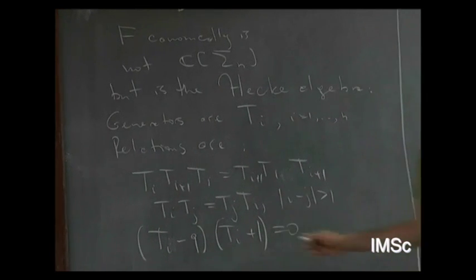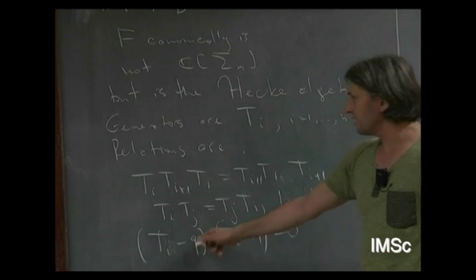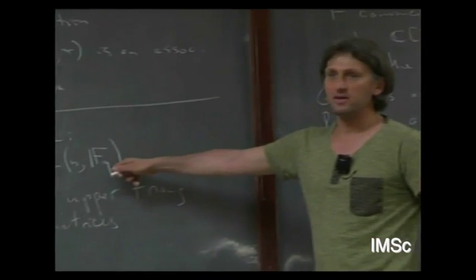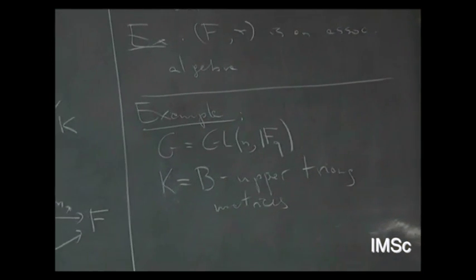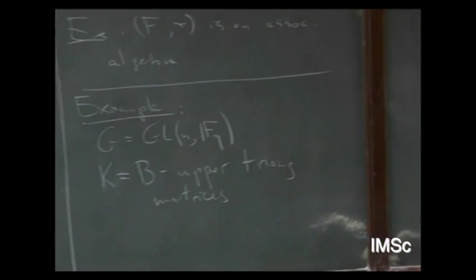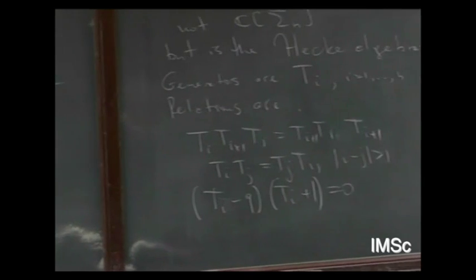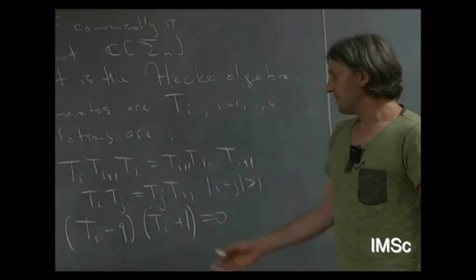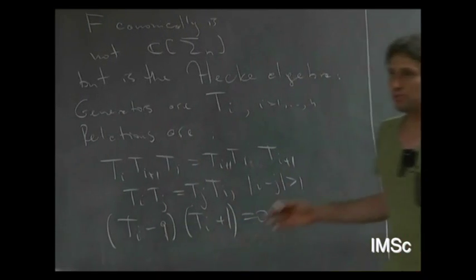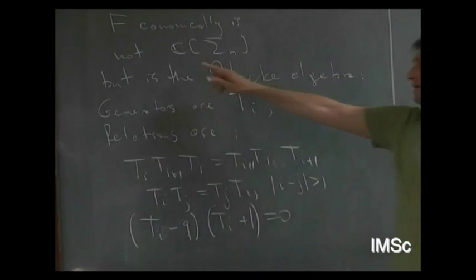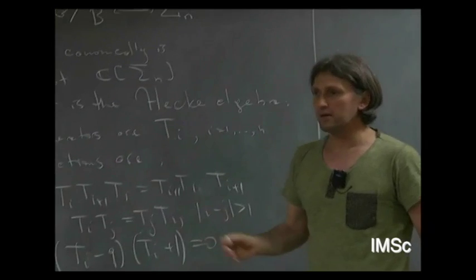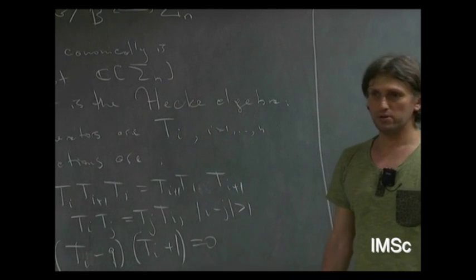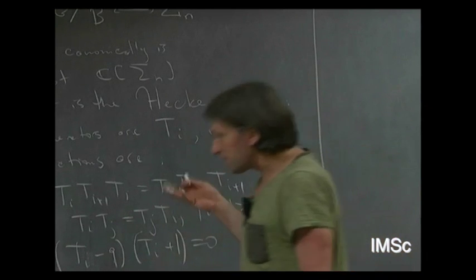I didn't check that the parameter is exactly the order of the finite field. It should be, but maybe it's q squared, in fact. Anyways, by rescaling, after all, this is just a number. So by rescaling, you can identify this algebra over complex numbers with the group algebra of the symmetric group. But you need some rescaling.